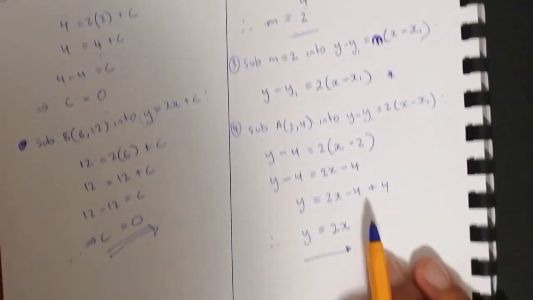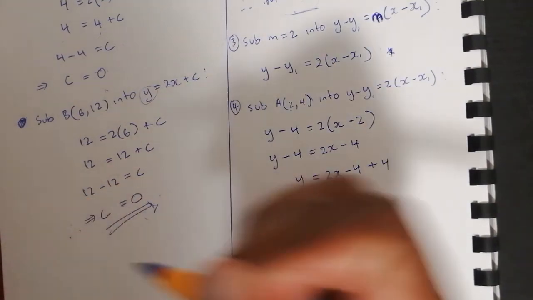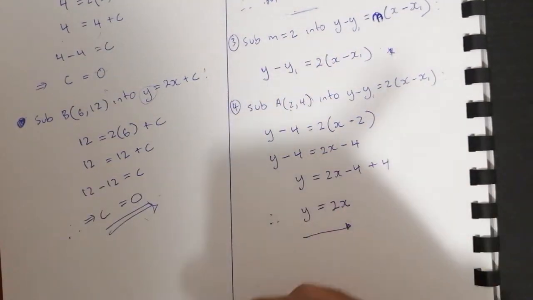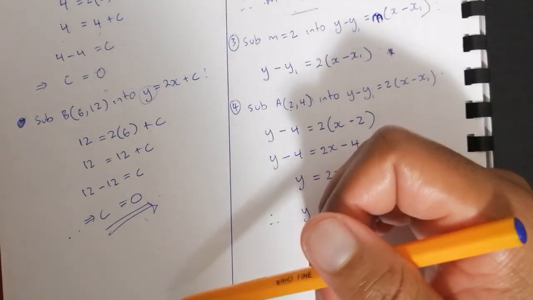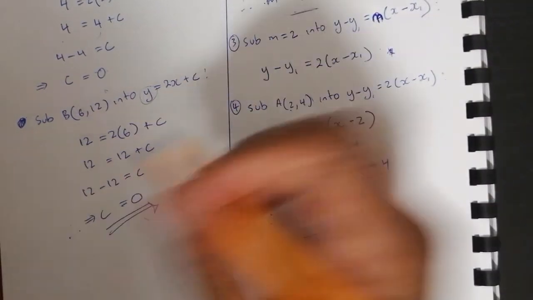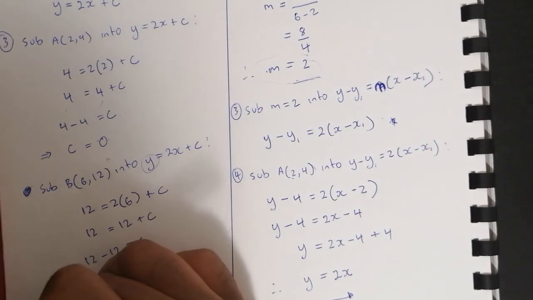Okay, so now that we know the value of c, we can just sub the value of c. So this is the last step where we substitute the value of c into this equation here, and that should give us our equation of the straight line.